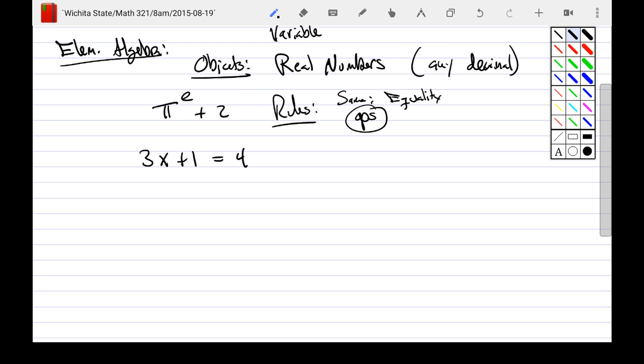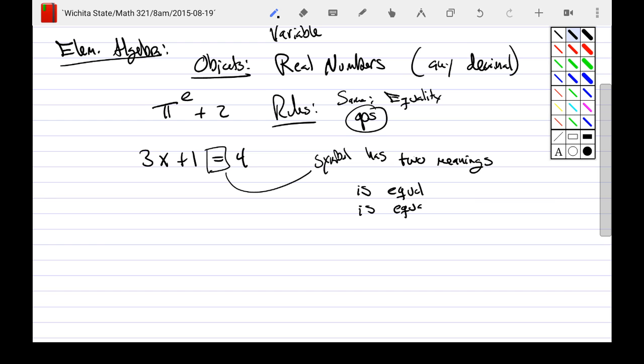This particular same symbol has actually two meanings. Really, it's "is equal" and "is equal?" Question mark.